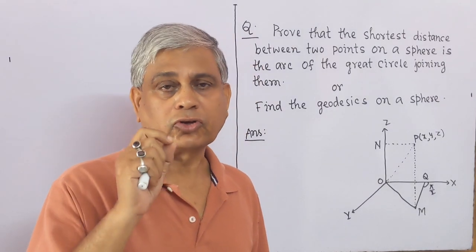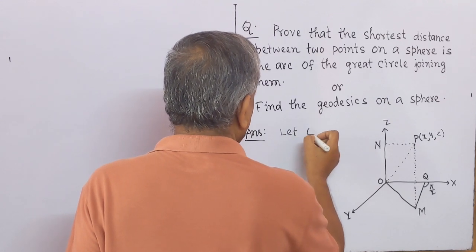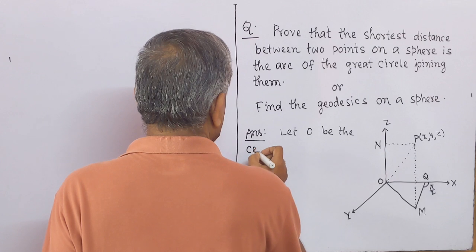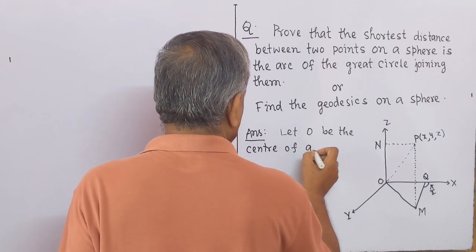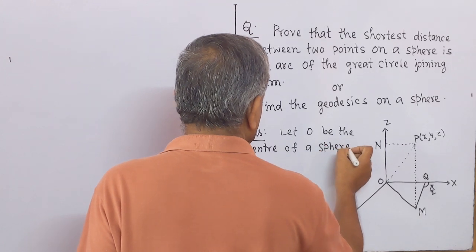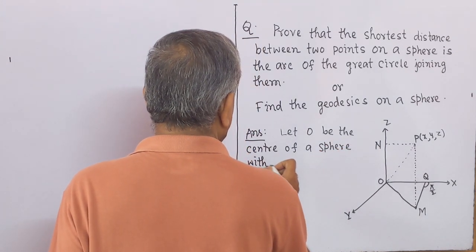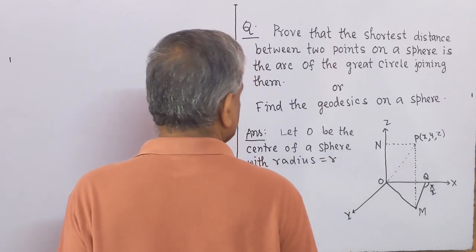Now we solve this. Let O be the center of a sphere with radius equal to r.